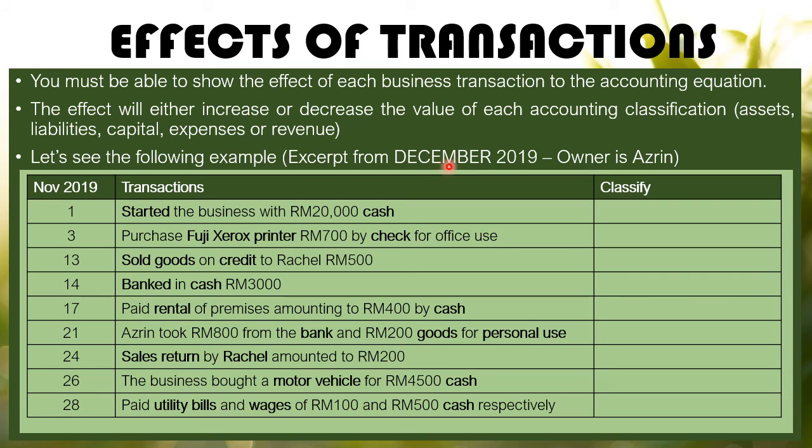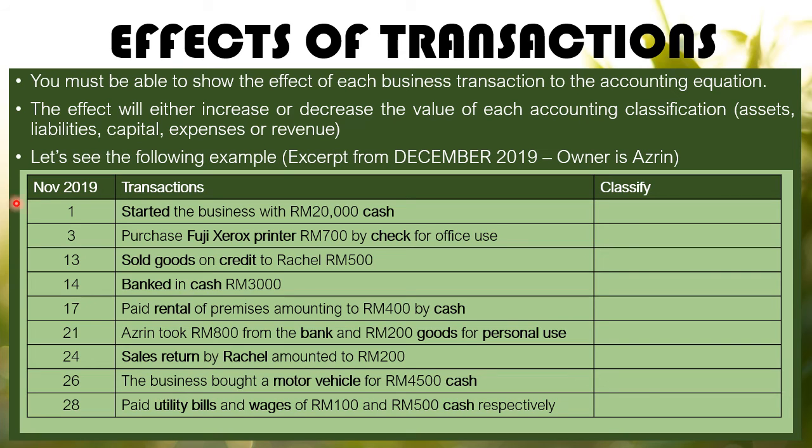Ini saya ambil soalan secara potongan soalan saya daripada Disember 2019 where the owner is Azrin. So these are the list of transactions that usually PASI will give you. Dia akan bagi awak dalam 10 ataupun 9 ataupun 8 transaction, depend on how complicated each transaction is. Okay, kerana dia akan kata kepada awak, show the effect of transaction for each of the accounting transaction.